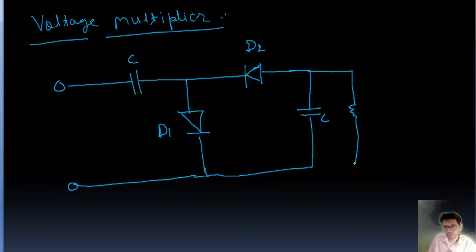It is R, and then there is the output, V output. Okay, this is what we have.